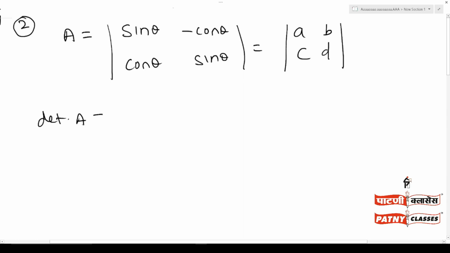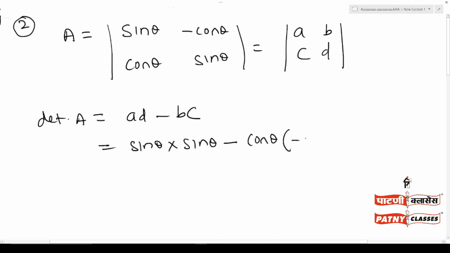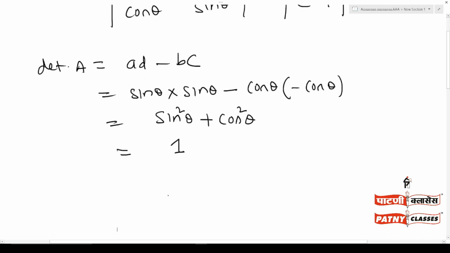Then determinant of A is nothing but AD minus BC equals to sin theta into sin theta minus minus cos theta into cos theta, which equals sin square theta plus cos square theta, and sin square theta plus cos square theta equals to 1. Therefore determinant of A equals to 1.